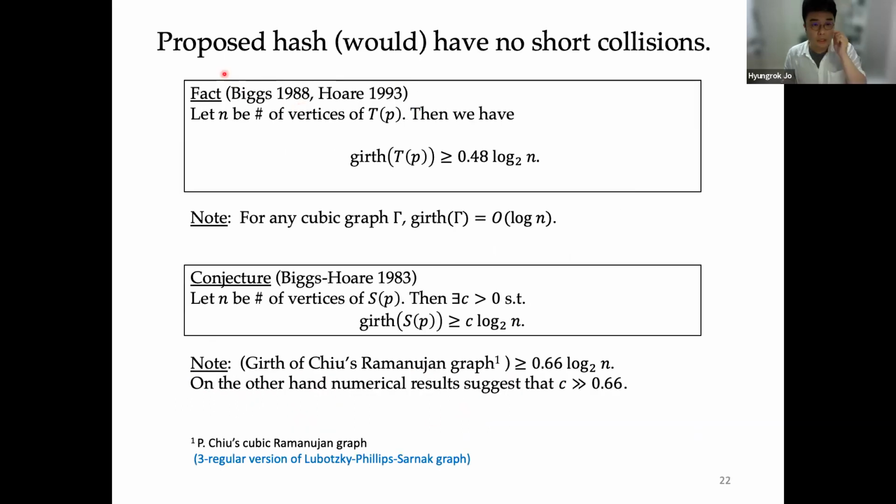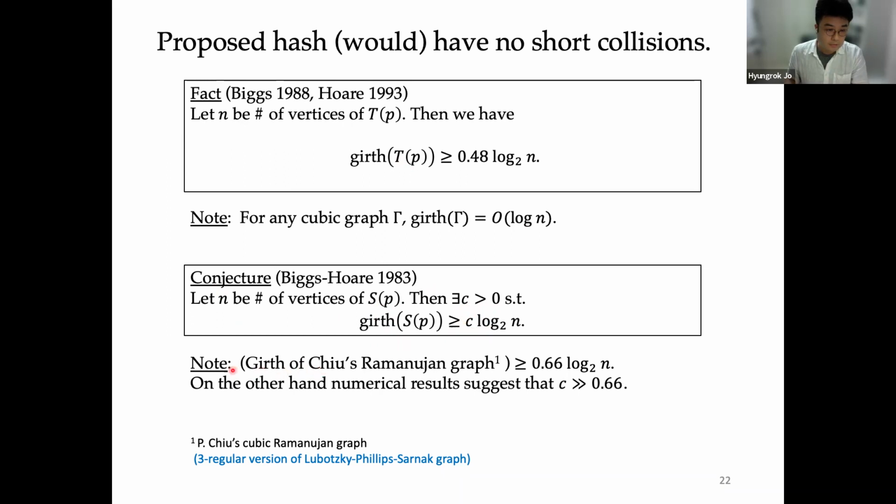So if you propose the hash to have no short collision, this is derived from the information of the girth, where n is the number of vertices, and the girth of the triplet graph is bounded by this number. And for any cubic graph, the girth is bounded by log n. And this is the conjecture in the case of the sextet graph, that there exists a constant c.